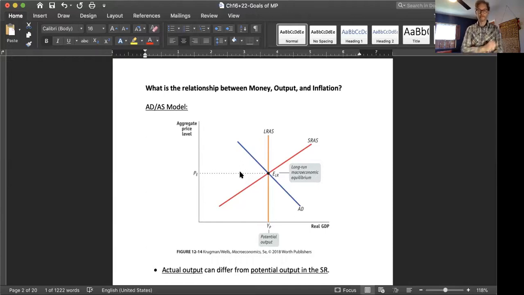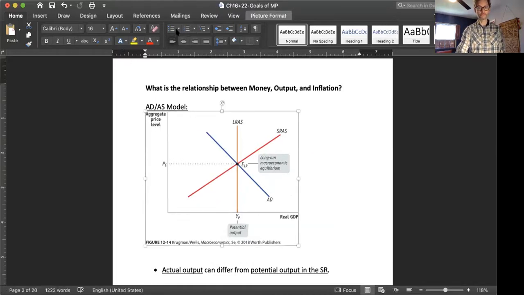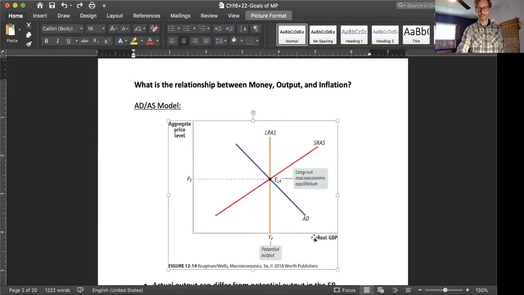And if you remember in intro macro, we talked about aggregate demand and aggregate supply, which is the relationship between the aggregate price level and real GDP. In the long run, what determines your potential output?